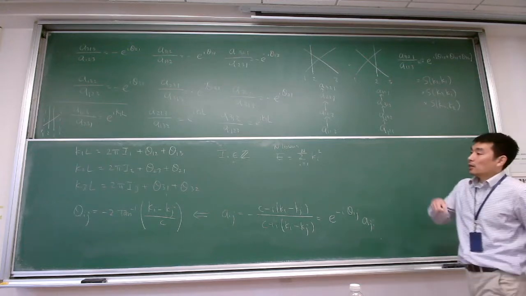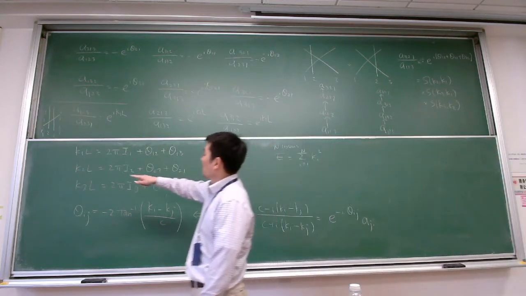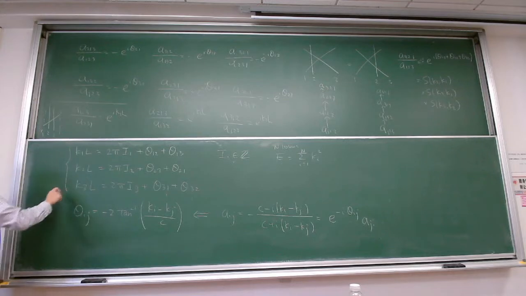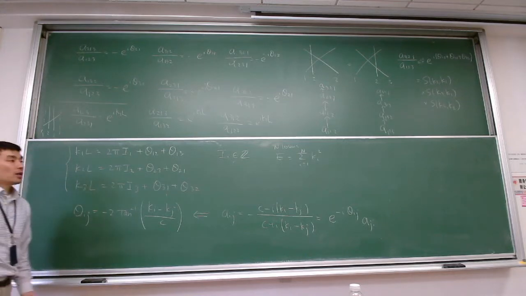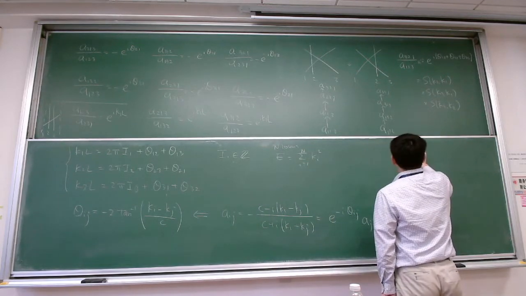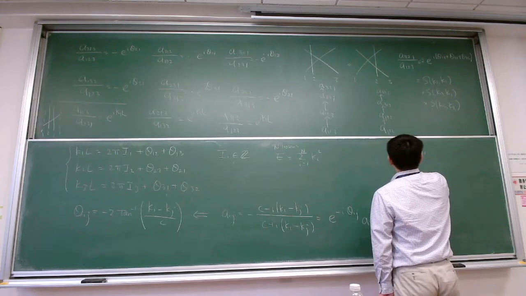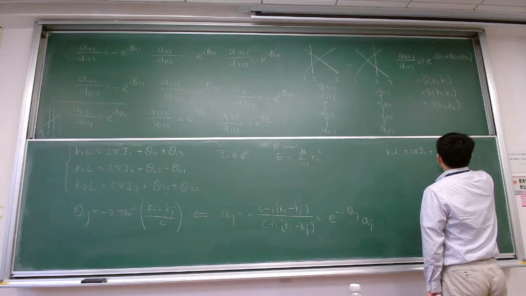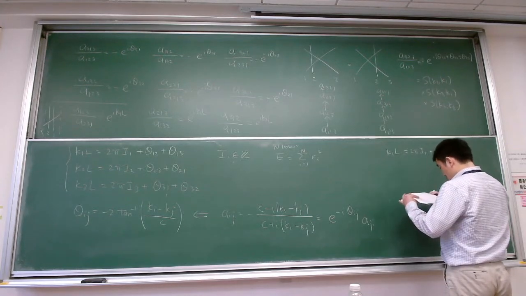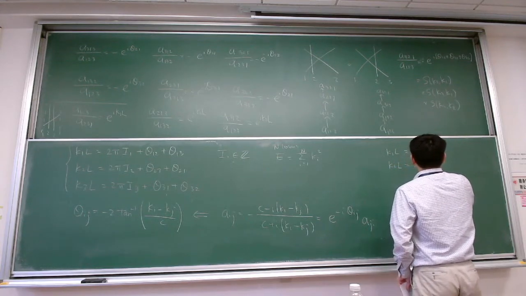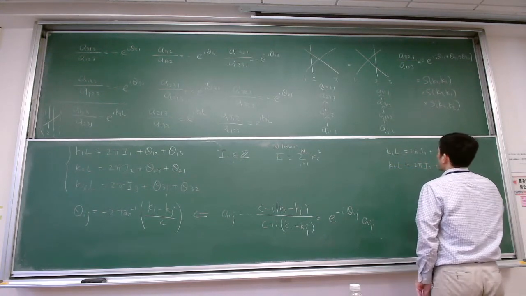And then you just plug in. Essentially, what you need to do is solve this equation. In two boson states you have k1 L equals pi I1 plus theta 1,2, as far as I remember, and k2 L equals pi I2 plus theta 1,2.